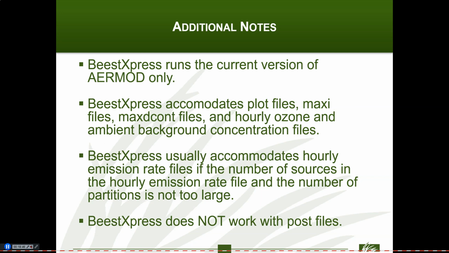So there were hundreds of sources in there, all with hourly emission rate files, and that was too much for BeestXpress. But if we just have a few sources, it should be fine. And then the last note is that BeestXpress does not work with post files. If you need to create a post file, you'll have to do that on your computer and not with BeestXpress.